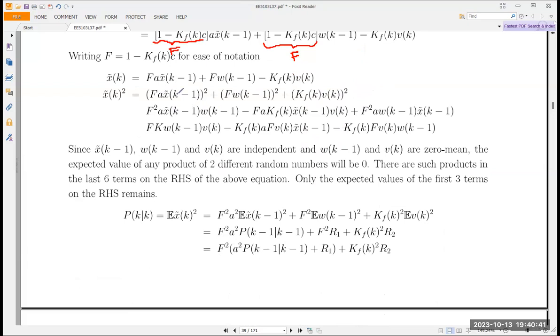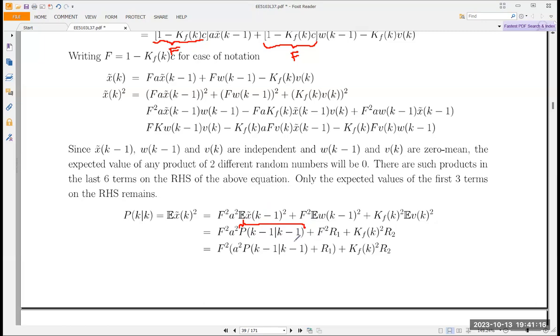So, expectation of this is written here. Expectation of this is written here. Expectation of this is written here. So now, this has been defined as this. All right, you see expectation. P kk is expectation of x tilde k.